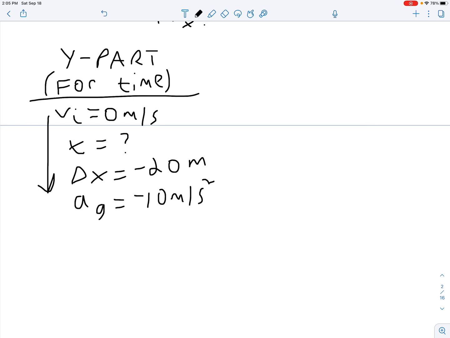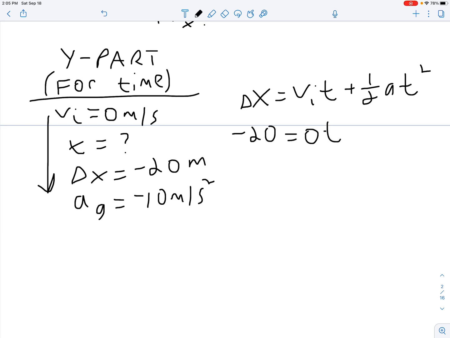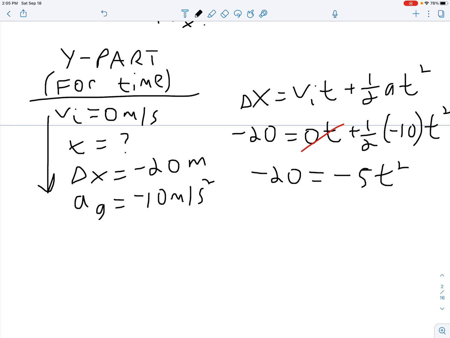Okay, so given this information, I can use an equation. I'm going to use delta x equals v_i t plus 1/2 a t squared. So I get -20 equals 0t plus 1/2 times -10 t squared. 0 times t is going to cancel. So I get -20 equals half of -10 is -5 t squared.